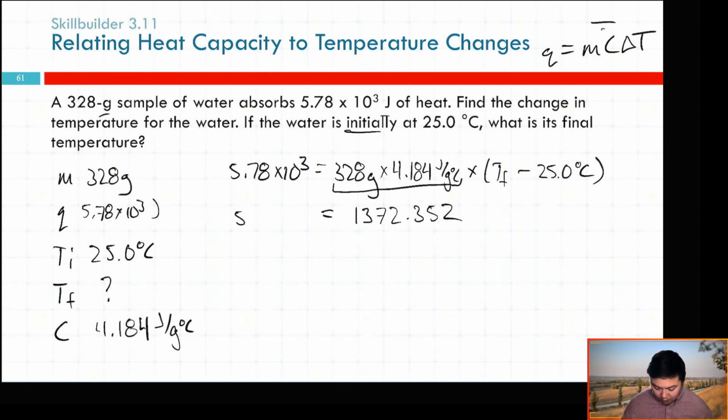And then I'm going to take 5.78 times 10 to the 3. And right, so what are our units end up here? We cancel out grams to get joules per degree C. Oh, I left out units over here too, and nobody said anything? Nobody said anything.